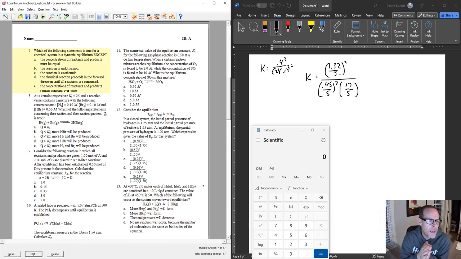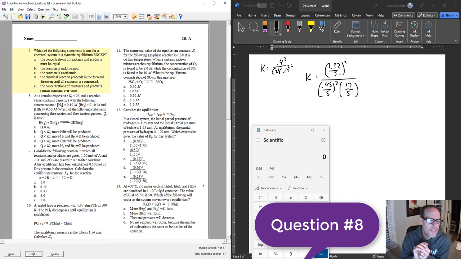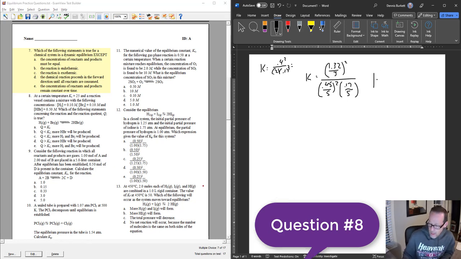All right, number 8. At a certain temperature, Kc is 25, and a reaction vessel contains the following. It doesn't say it's at equilibrium, so I'm going to calculate Q and compare it to K. I've got HBr, and I'm going to square that, all divided by 0.1, 0.1.